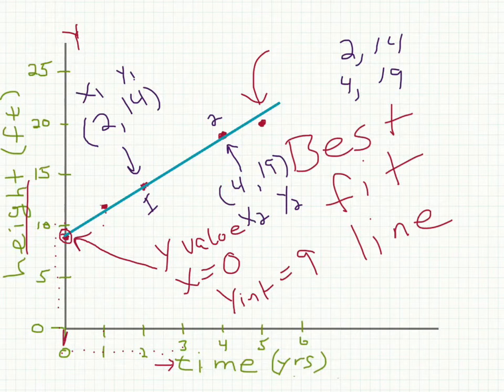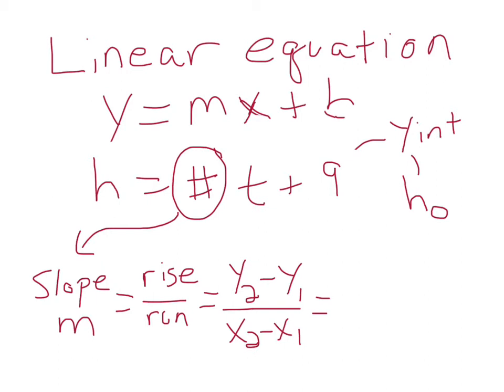Okay, so let's come over here and let's jot those down. What we just decided on our graph is that (2, 14) was made up of x1 and y1, and (4, 19) was made up of x2 and y2.